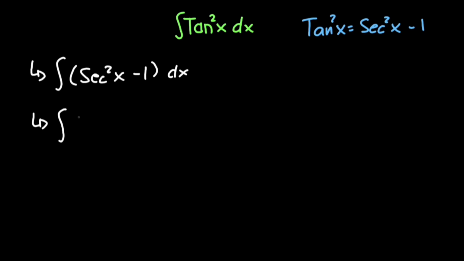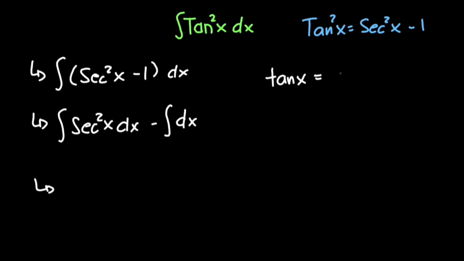So you have integral of secant squared x dx. Since this is negative, it would be minus the integral of simply dx. The integral of secant squared of x, there is no general solution here, but according to the derivative rule, the derivative of tangent of x is equal to secant squared of x.